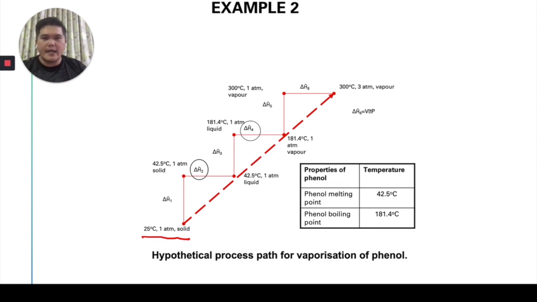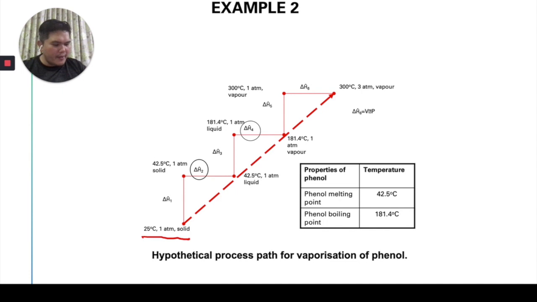The reference state we can choose at any point. For example, you can choose 300 degrees Celsius, 3 atm vapor, or 42.5 degrees Celsius, 1 atm solid. But we have to be realistic: it's easier to choose the initial state of the process as our reference state, because we want to change from 25 degrees Celsius, 1 atm, solid, to 300 degrees Celsius, 3 atm, vapor.